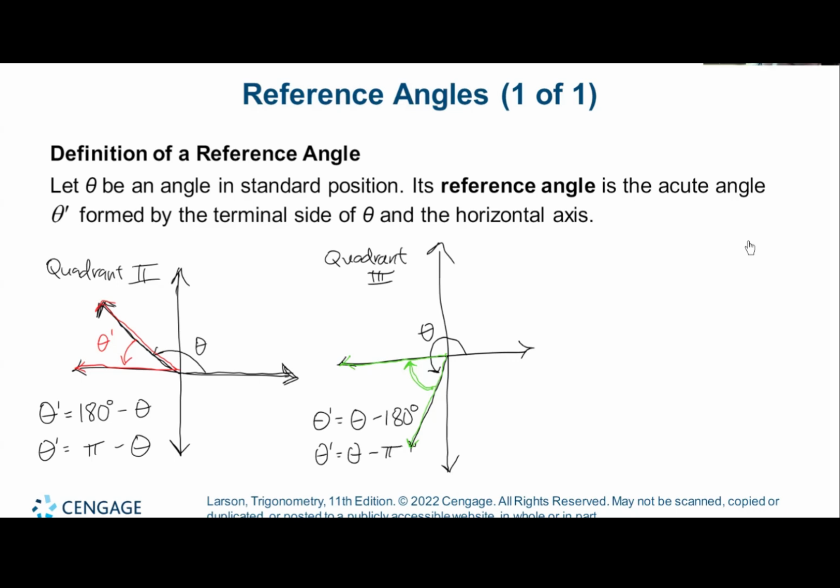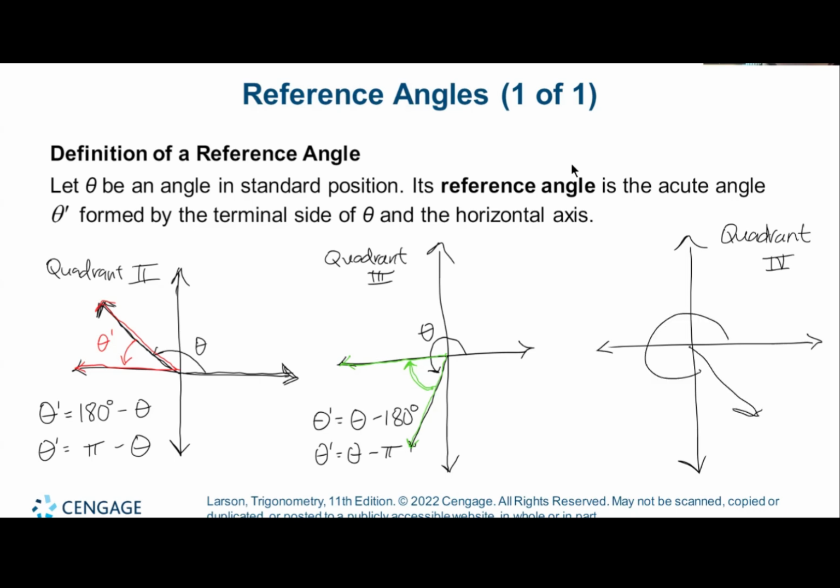All right, so last case, we are in quadrant 4. So maybe we've got this angle here, a really big one, that's our theta. In the fourth quadrant, the shortest way back to the x-axis is to come up here to 0 or 2 pi or 360.